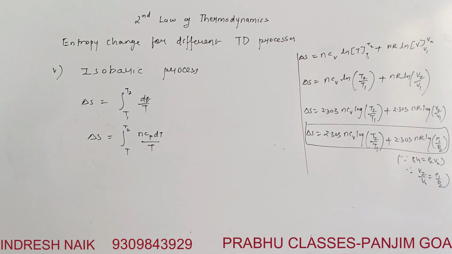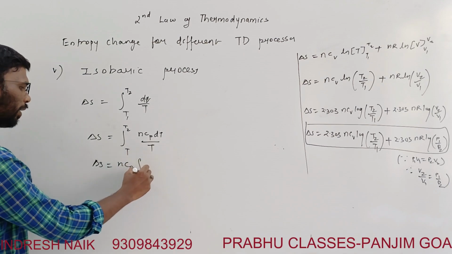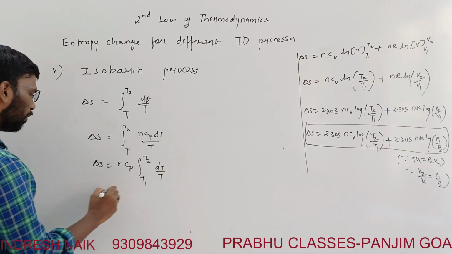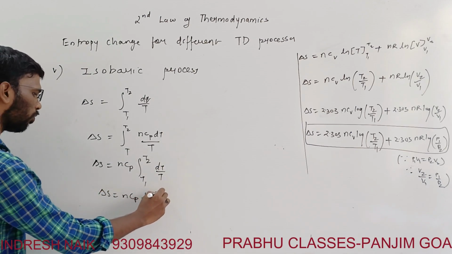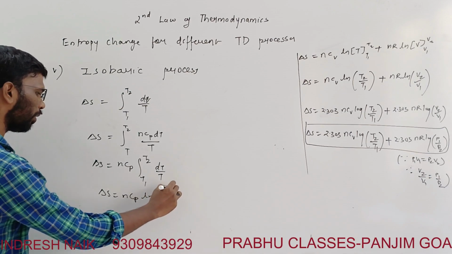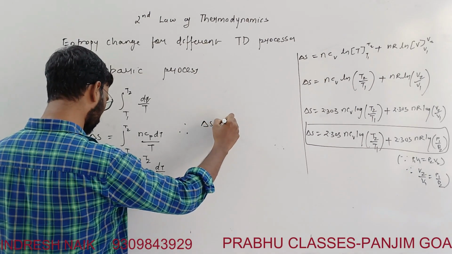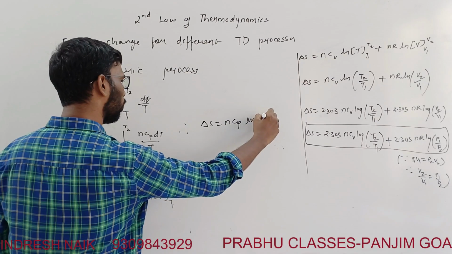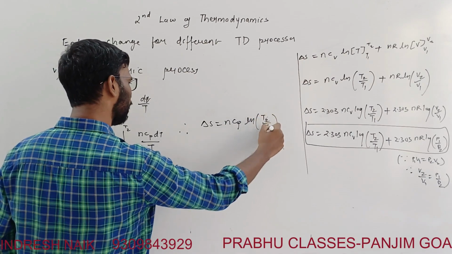Over here, n and Cp are constant, so delta S is the integral from T1 to T2 of dT by T. So delta S will be n Cp ln of T from T1 to T2. Therefore delta S is equal to n Cp ln of T2 by T1.